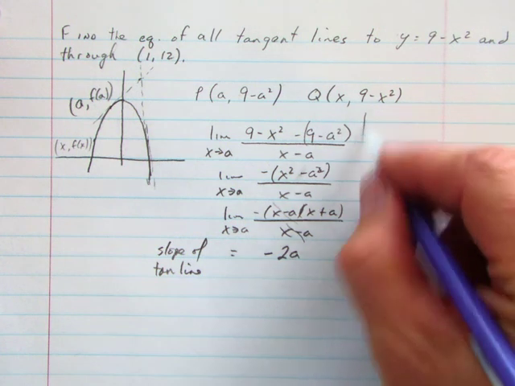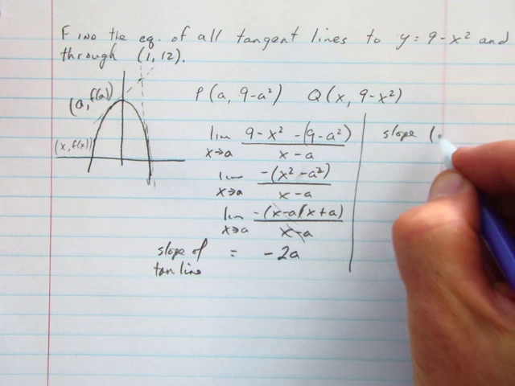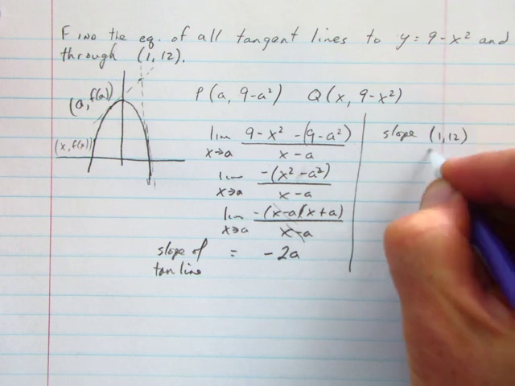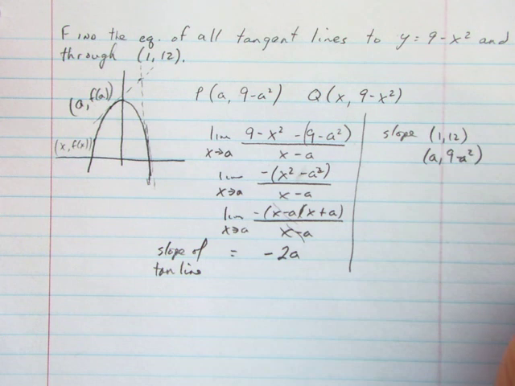Now I can also find the slope using the points (1, 12) and (a, 9 minus a squared).